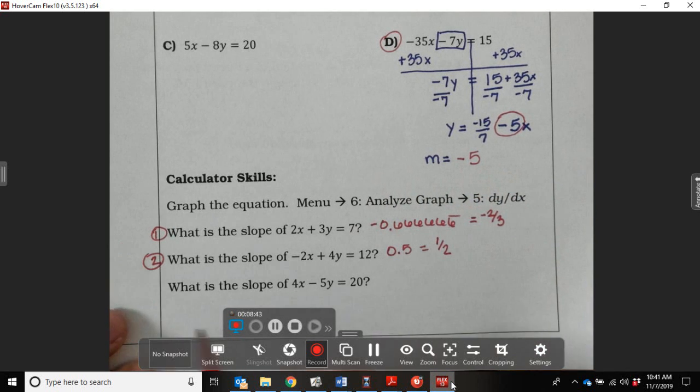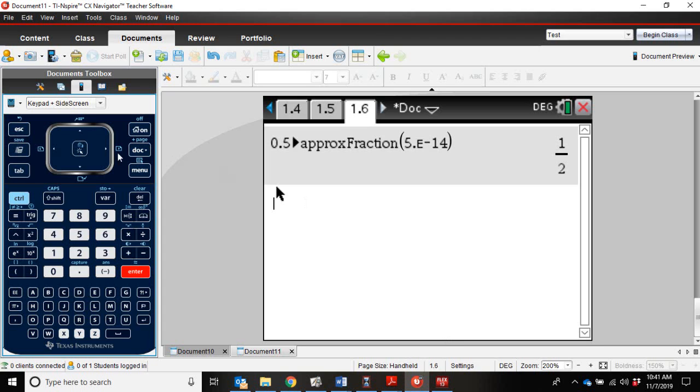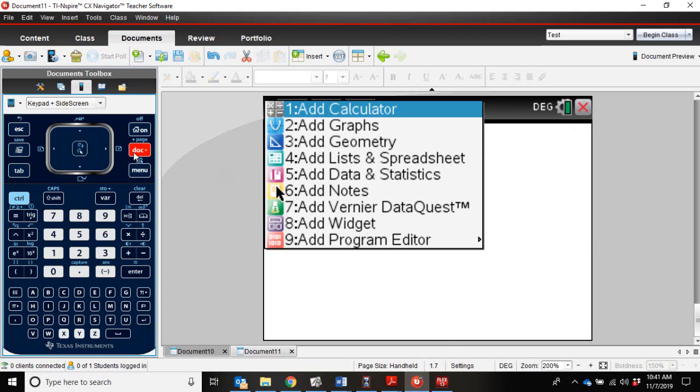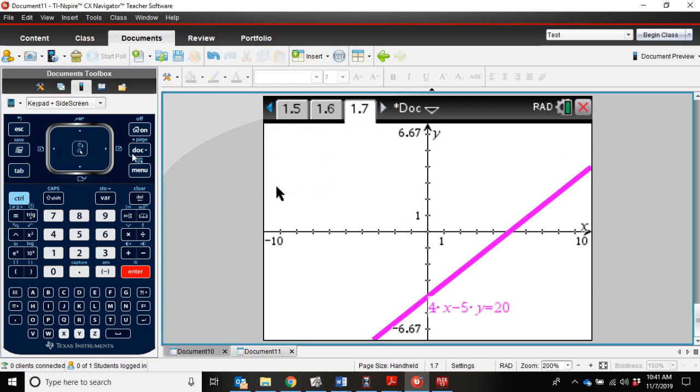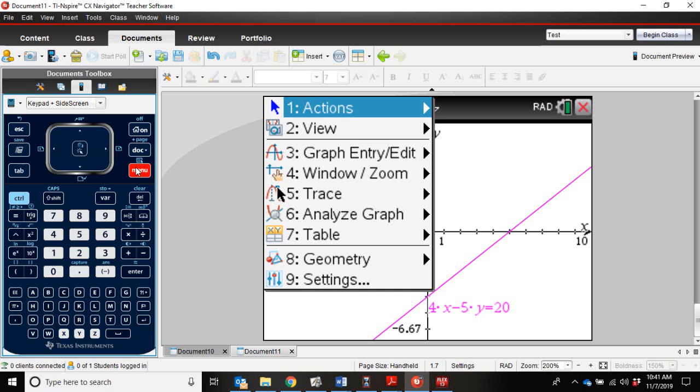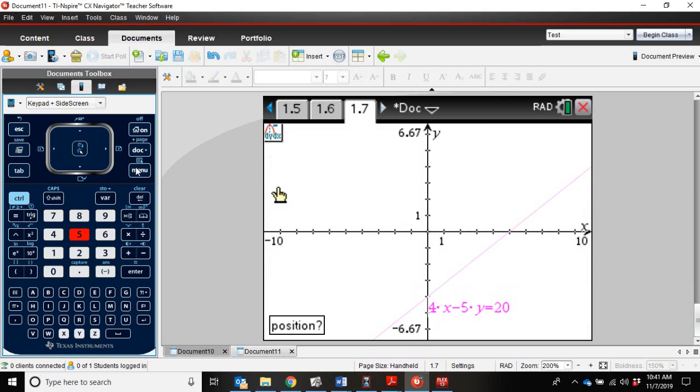And then let's go to the last one, which I'm going to call number 3. What is the slope of 4x minus 5y equals 20? And so again, go to a graph page, delete your equal sign, pick a relation and type it in. 4x minus 5y equals 20. And to get our slope, menu 6, 5.